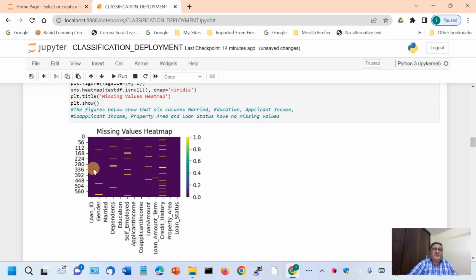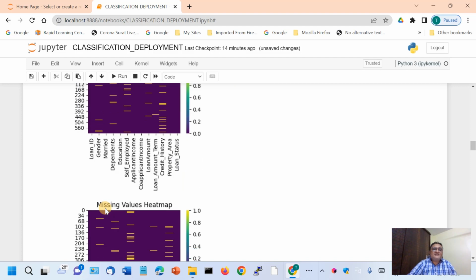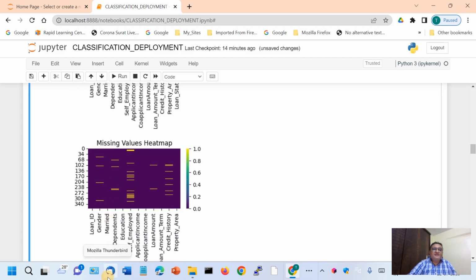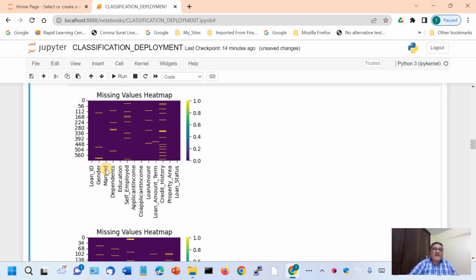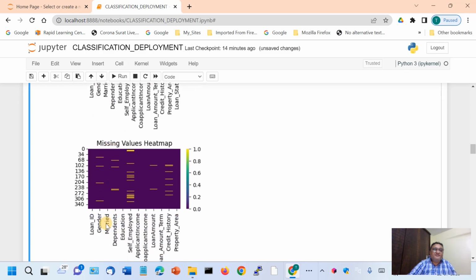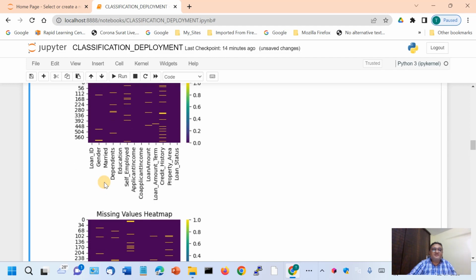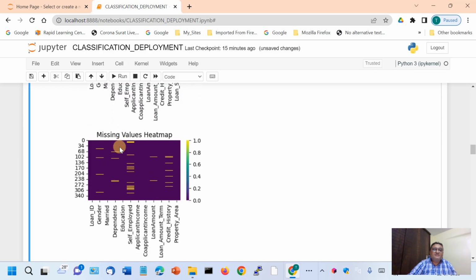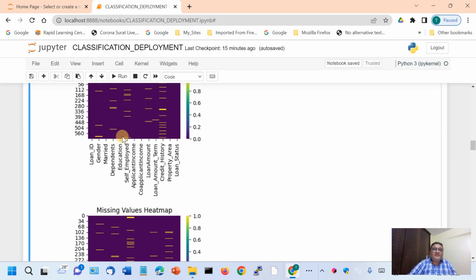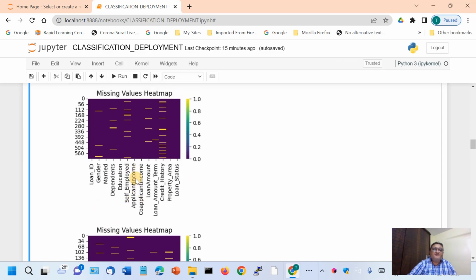That is expected because each observation has a unique ID. Gender has some missing value here. Then this married column does not have any missing value in the train DF, and no missing value in the test DF also. And similarly, this education has no missing value in either train or test DF.